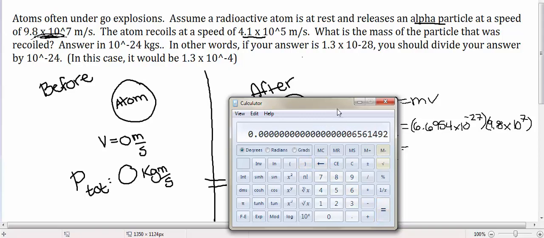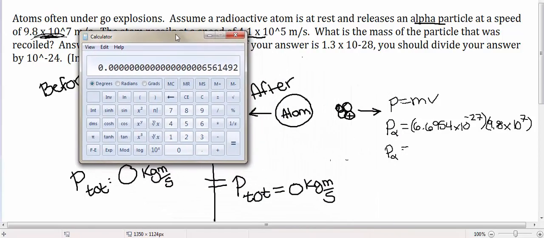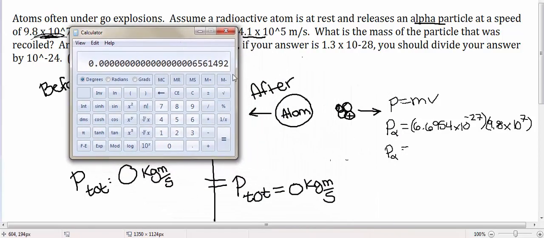This is my answer for the momentum of the alpha particle, and it's not in scientific notation, so I'm going to write it in scientific notation. To do that, you look at the decimal place and you move it so that it comes behind the first non-zero number, and you count the number of times you move the decimal. So let's count. 1, 2, 3, 4, 5, 6, 7, 8, 9, 10, 11, 12, 13, 14, 15, 16, 17, 18, 19.